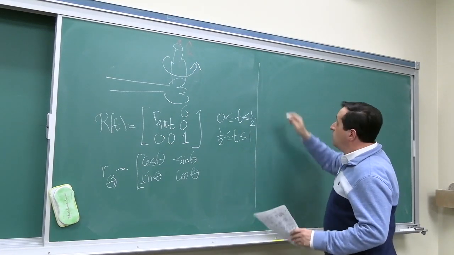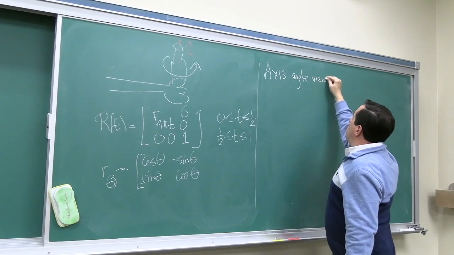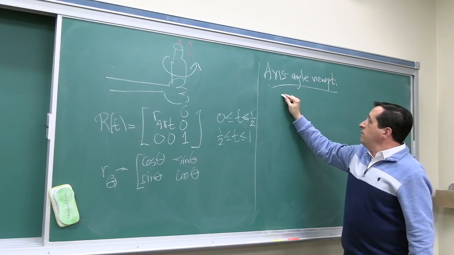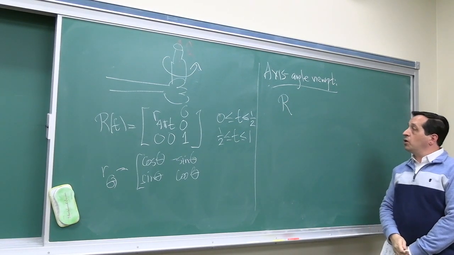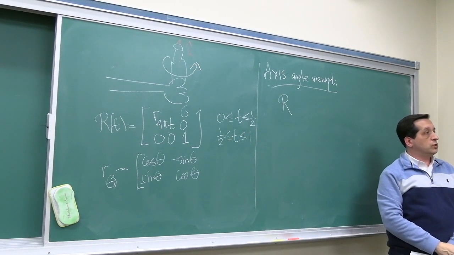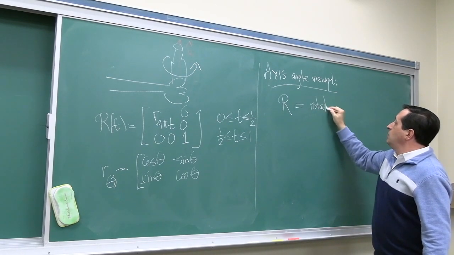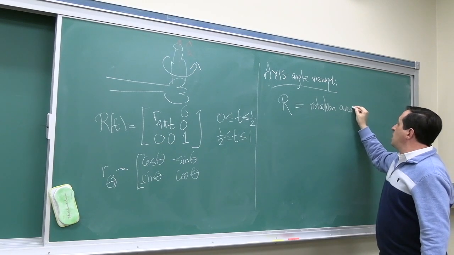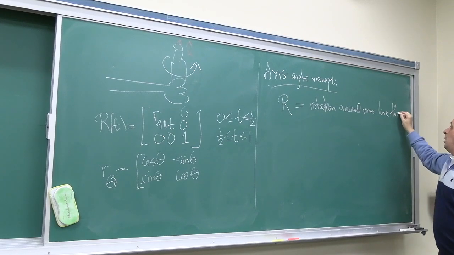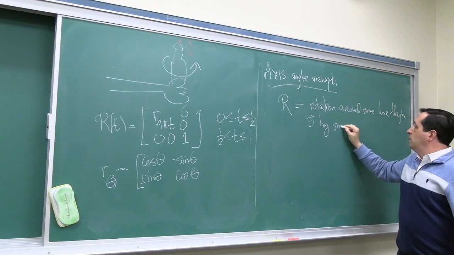So Euler proved the following fact: if I give you any rotation matrix R, and again, whenever I say rotation, I mean an orientation preserving rigid motion of space, fixing the origin, then this is always a rotation around some line through 0 by some angle.